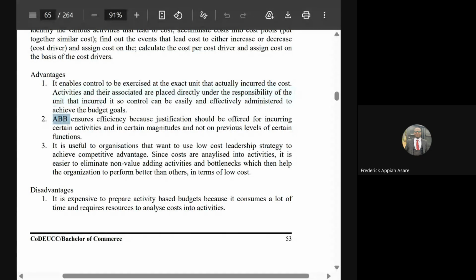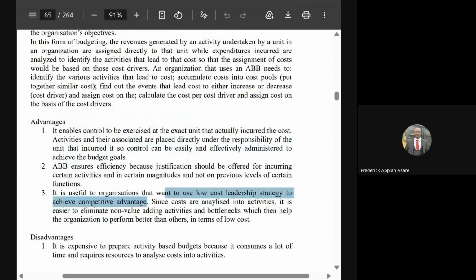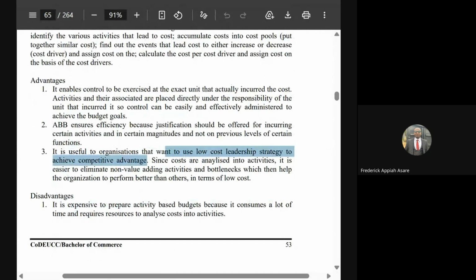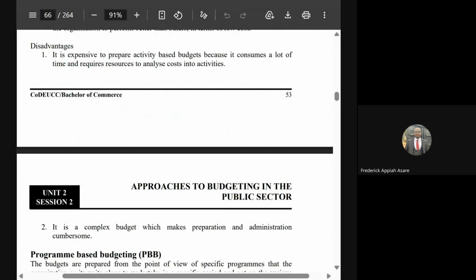The ABB, that is activity-based budget, also ensures efficiency because justification has to be offered before they will allow you to incur the cost. And it is useful to organizations that want to use a low-cost leadership strategy to achieve competitive advantage. That is some of the advantages of activity-based budgeting. Disadvantages.